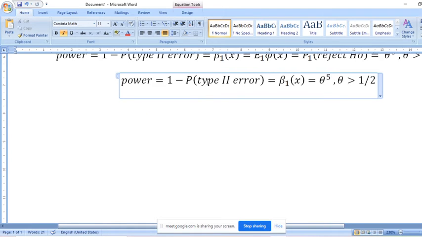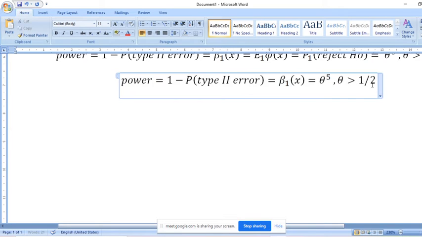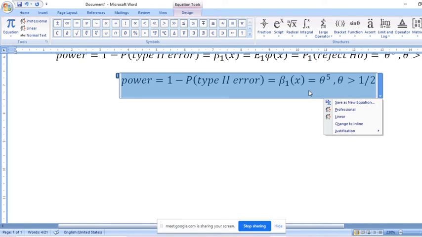Our aim is to minimize the probability of type 2 error, or maximize the power. So what is the probability of type 2 error from this equation?